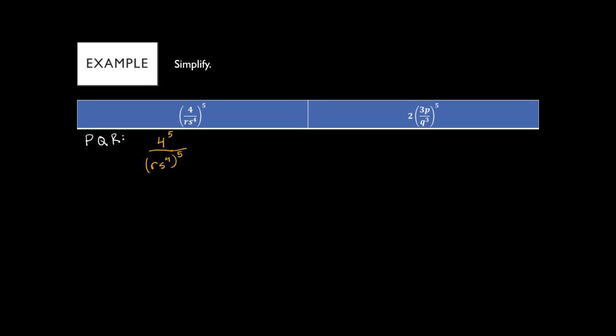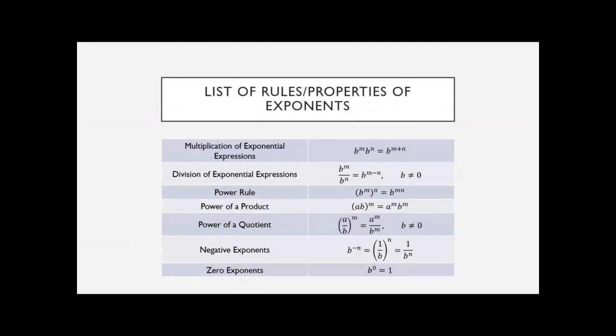So for these abbreviations, let me just create abbreviations here to make it easier for you. So this is PQR, power of a quotient rule. Oh yeah, that works. I keep saying power of power, but it's power of a product rule.